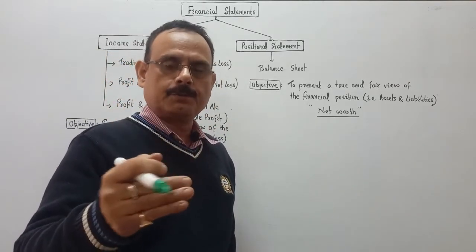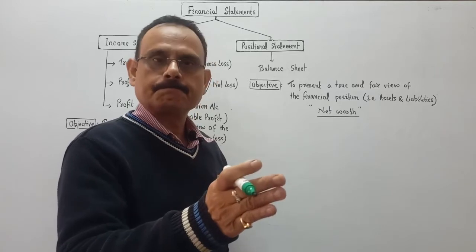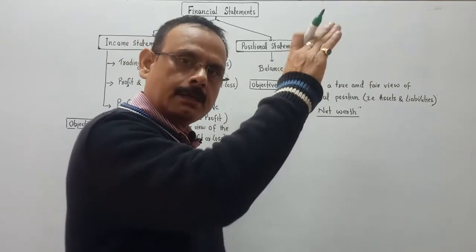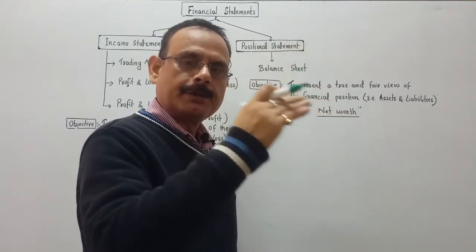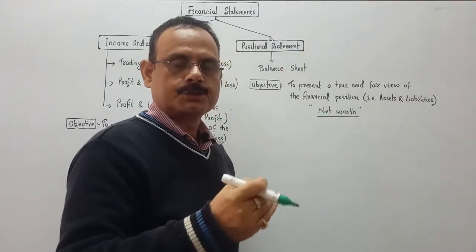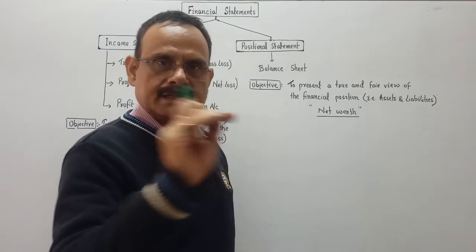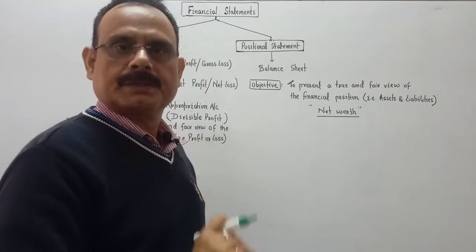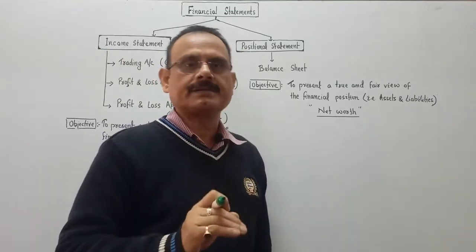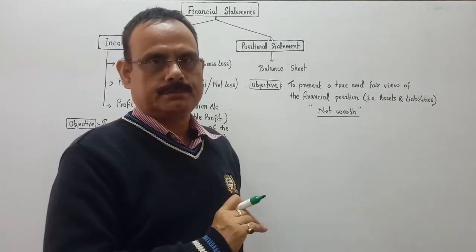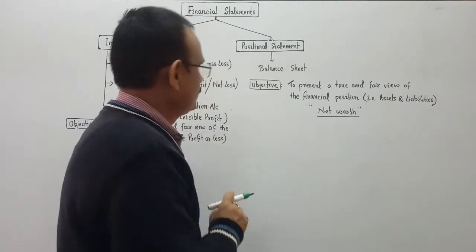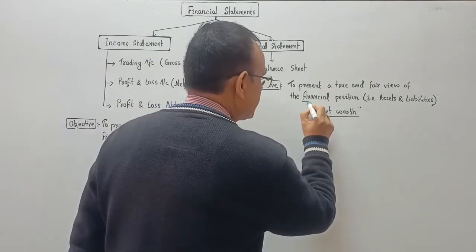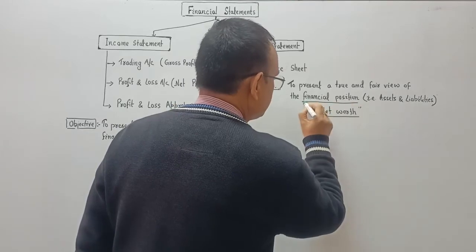All external liability will be deducted from all assets. Total of assets minus external liability will indicate the net worth of the business, that is, up to what extent the business is rich. Okay. So to present a true and fair view of financial position, this is very important.